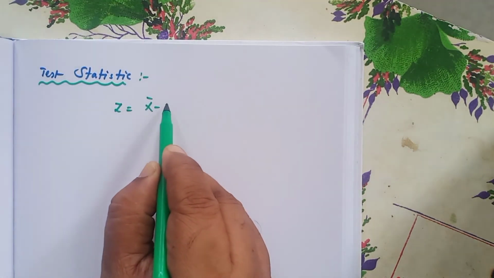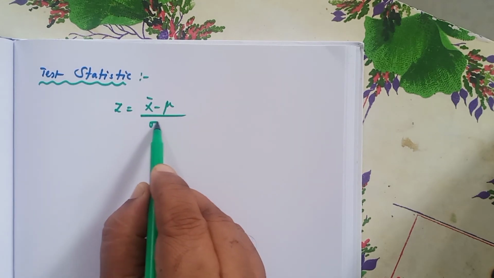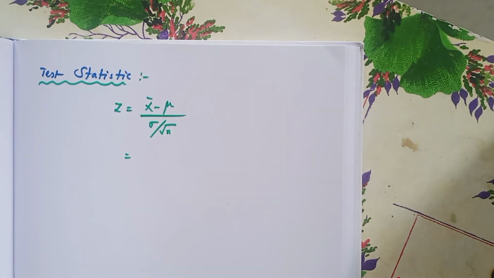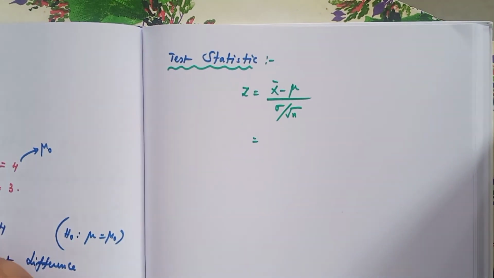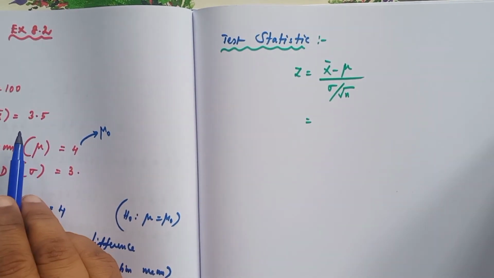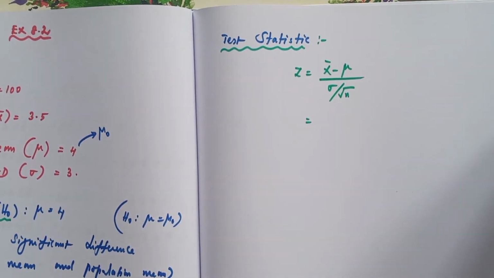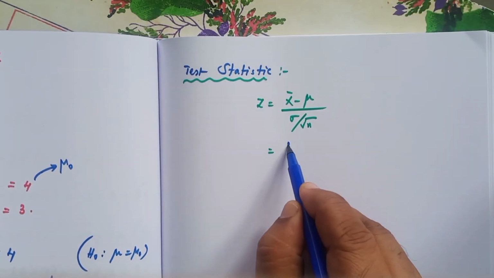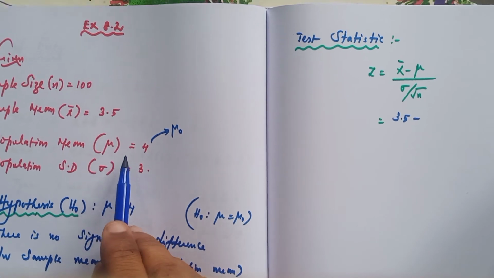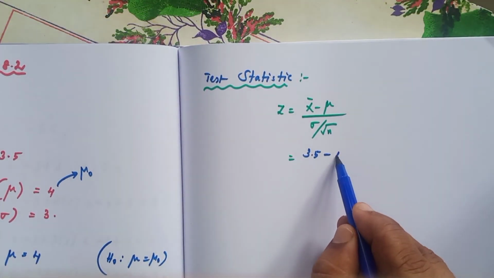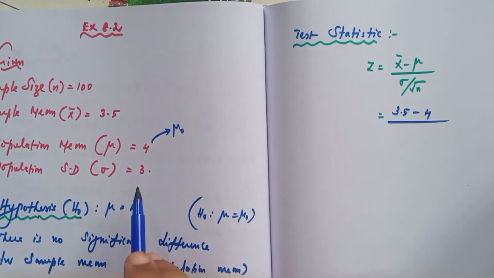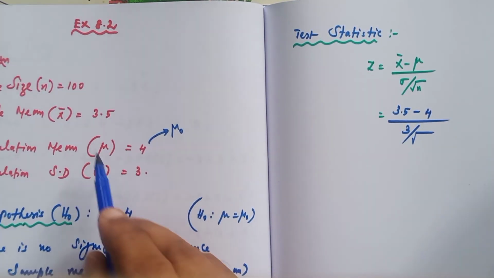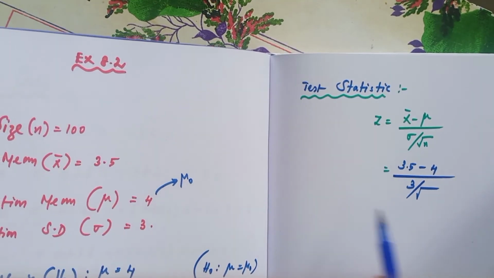We know the value of x bar, here it is 3.5. So x bar is 3.5, minus mu, which is 4, divided by sigma, which is 3, by root n, where n is 100.